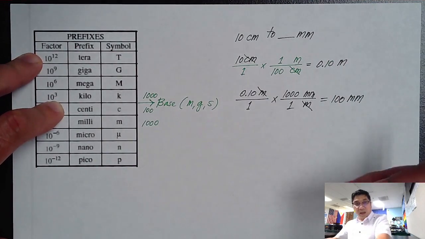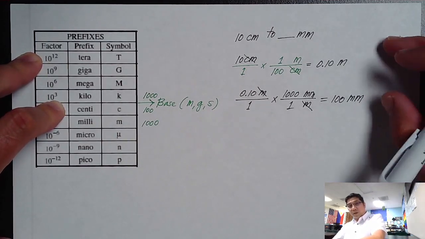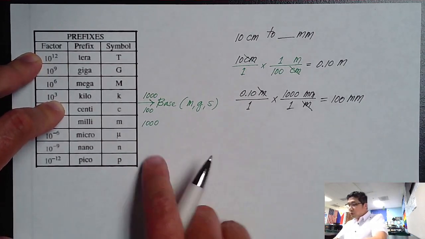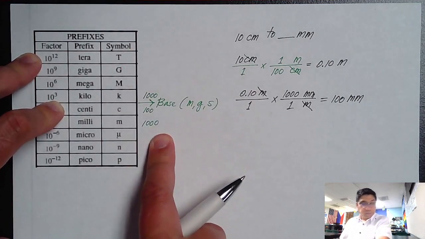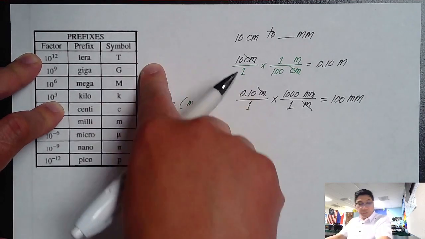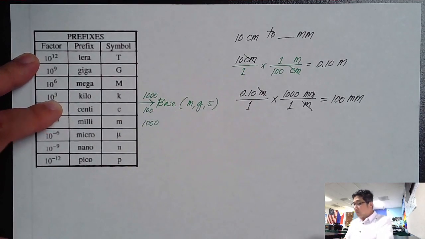But for the meantime, as you're getting used to converting units, this will be the best process: go to your base, and then from the base you can look where you want to go. It's either going to go up or you're going to go down, so it all depends on your requirement.